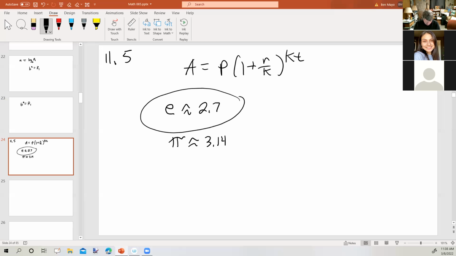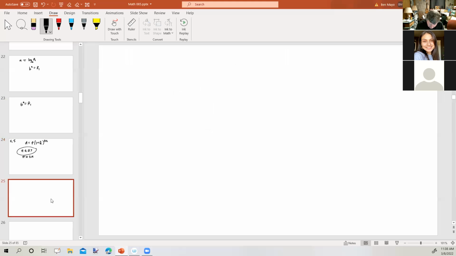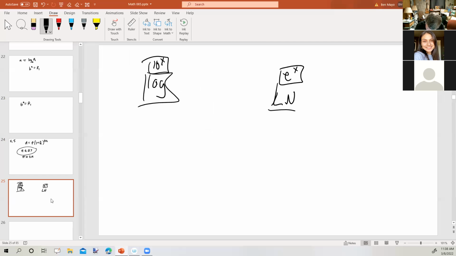Where is E on your calculator? Well, on my particular calculator, let's go back to the button that says log, and the second function was 10 to the x. Right below it, there's a button that says ln, which stands for log base E, and we will talk about that eventually. But the second function of that is e to the x.